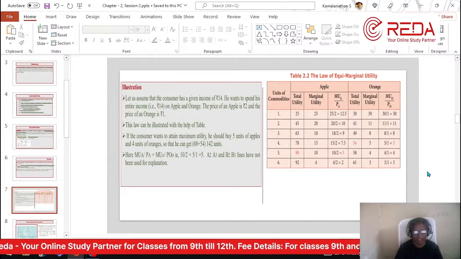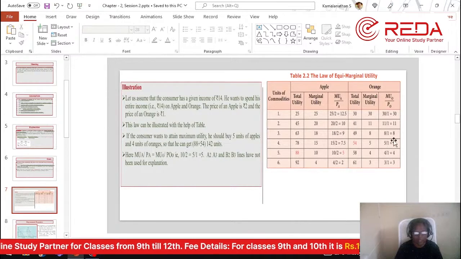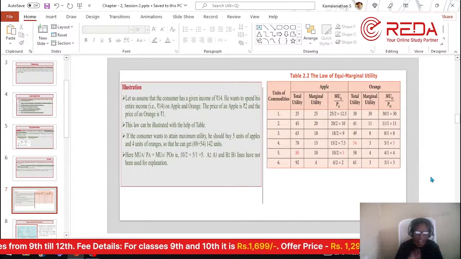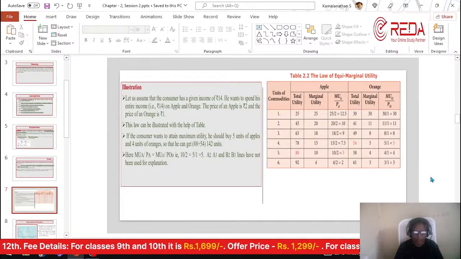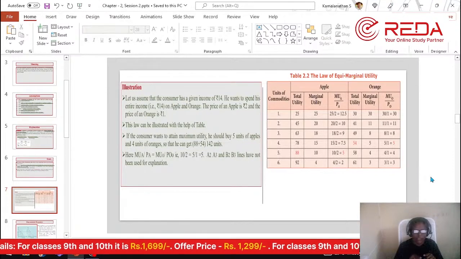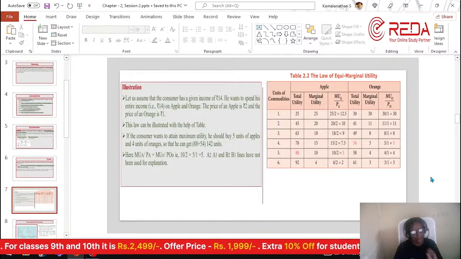This is very, very important. So here Marshall says that the consumer gets the same level of satisfaction, marginal utility, when the consumer is buying 5 units of apples and 4 units of oranges.